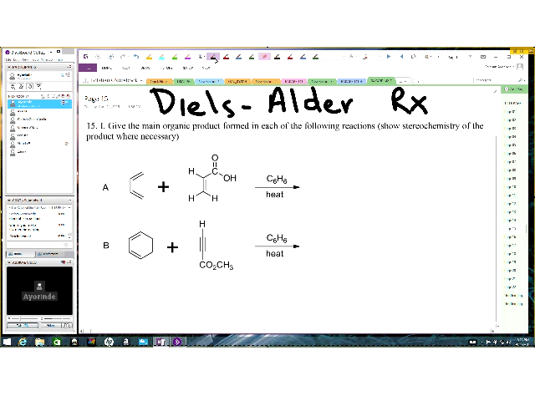So this is our diene, which is a conjugated double bond system. And then you need a single carbon-carbon double bond, because you need the pi electrons there to react with the conjugated diene, and that we call the dienophile.